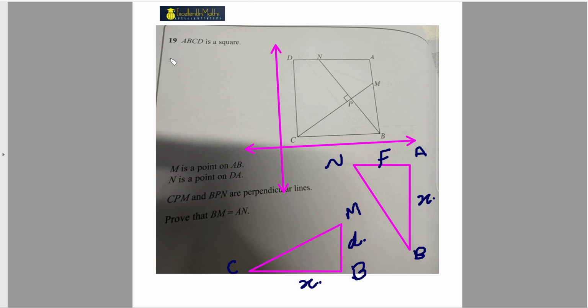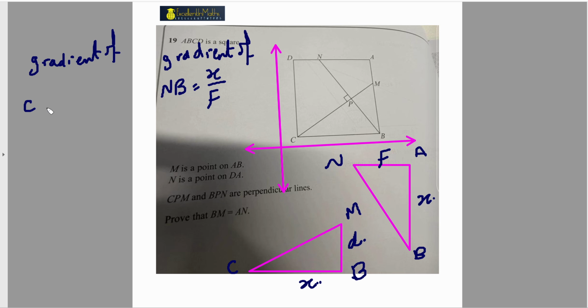So the gradient of NB equals x over f. Now let's find the gradient here of CM. So the gradient of CM, let me write it here. Gradient of CM is the vertical divided by the horizontal, which is d over x.